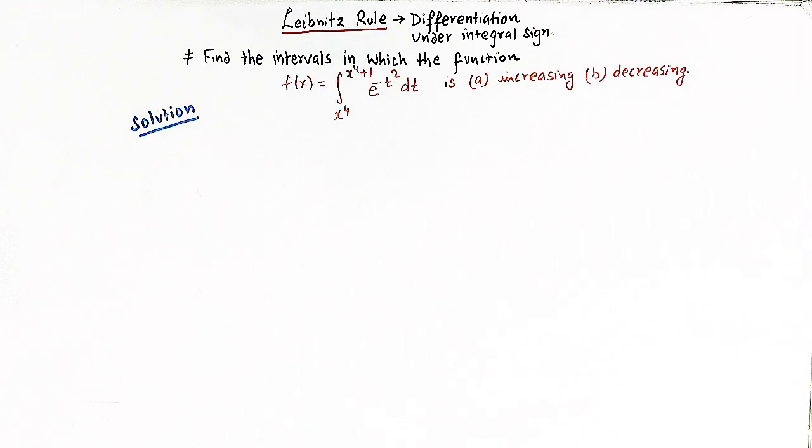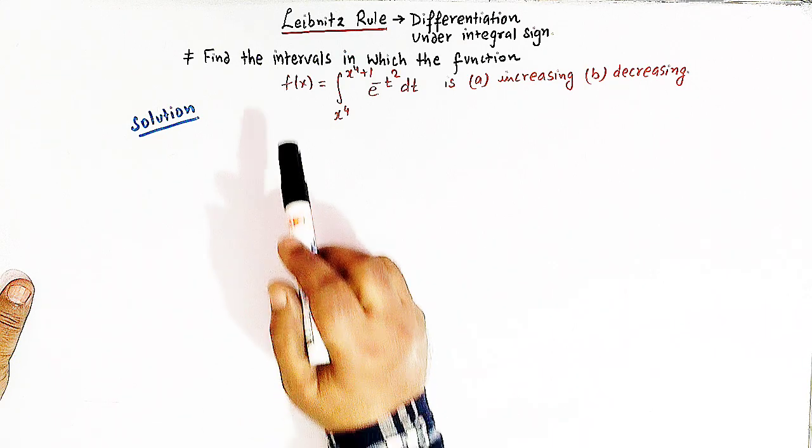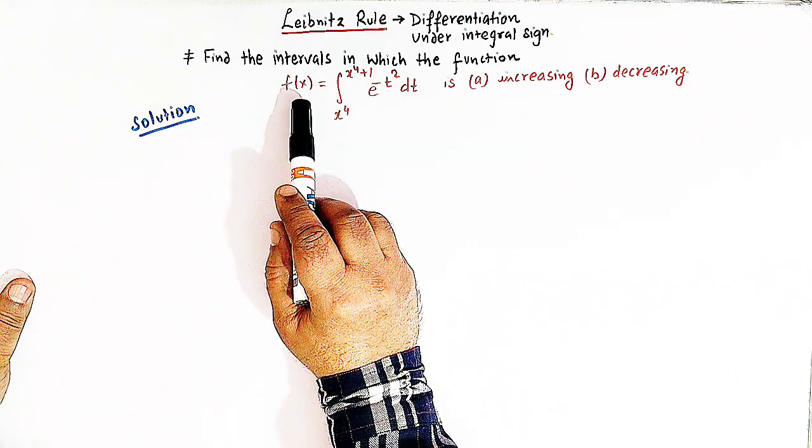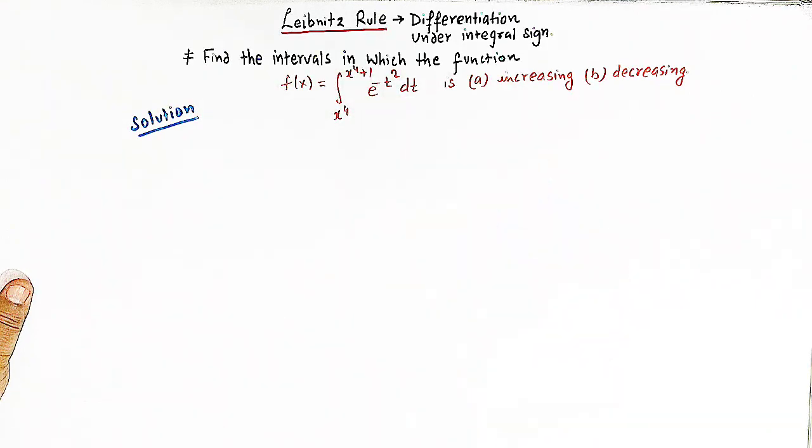So let us first quickly see the statement of Leibniz rule for differentiation under the integral sign, and then we'll see how we can apply Leibniz rule to this function f of x to get the desired intervals, right?